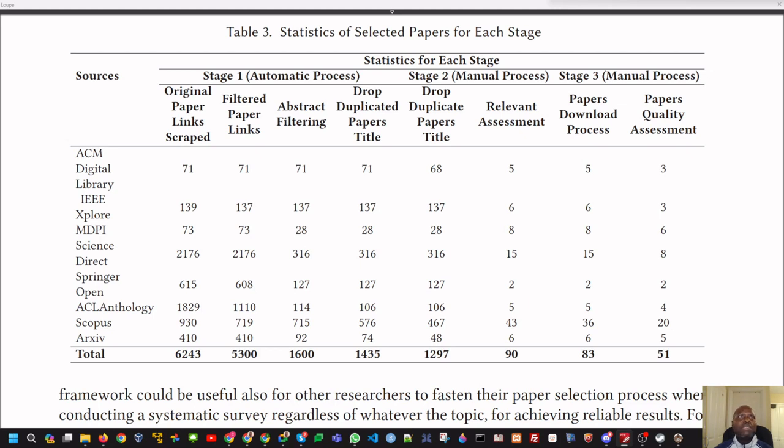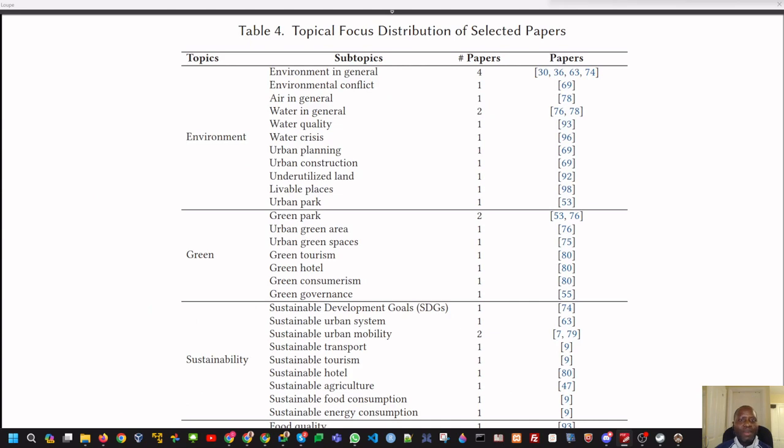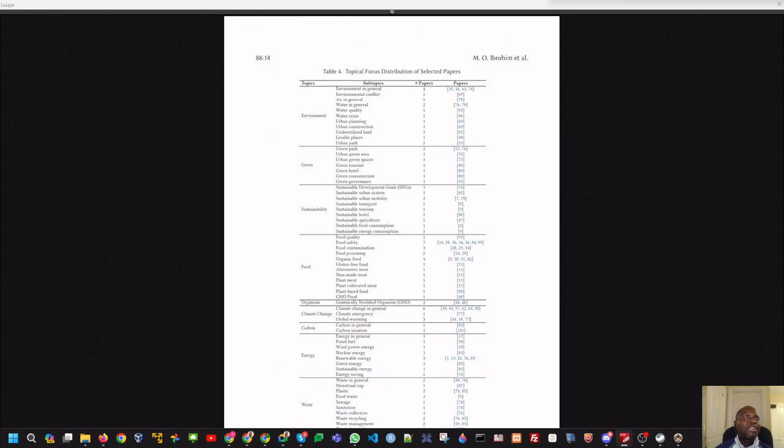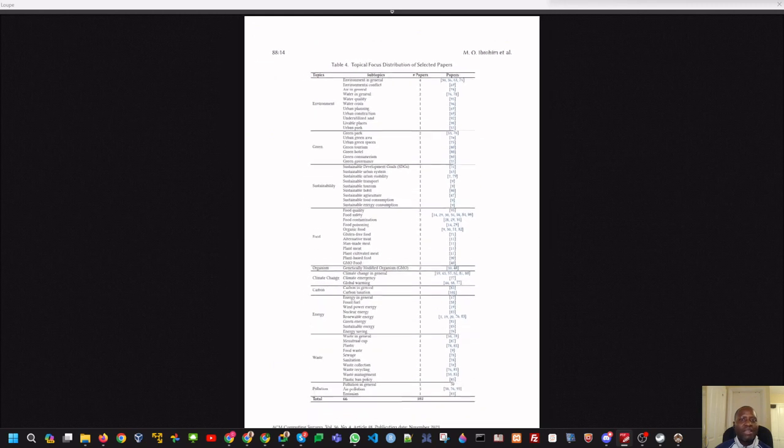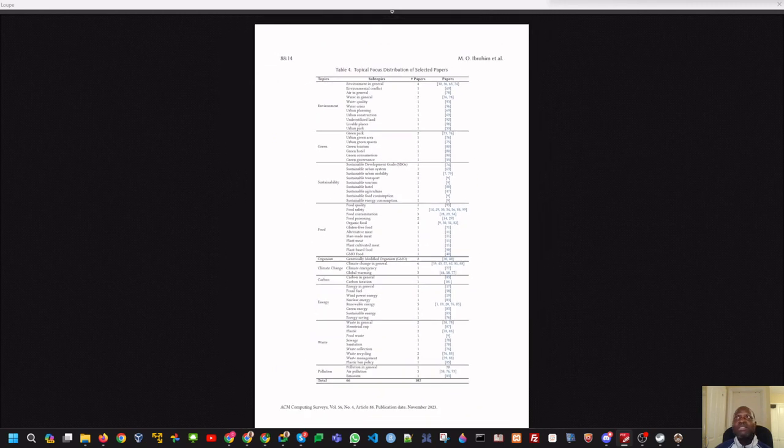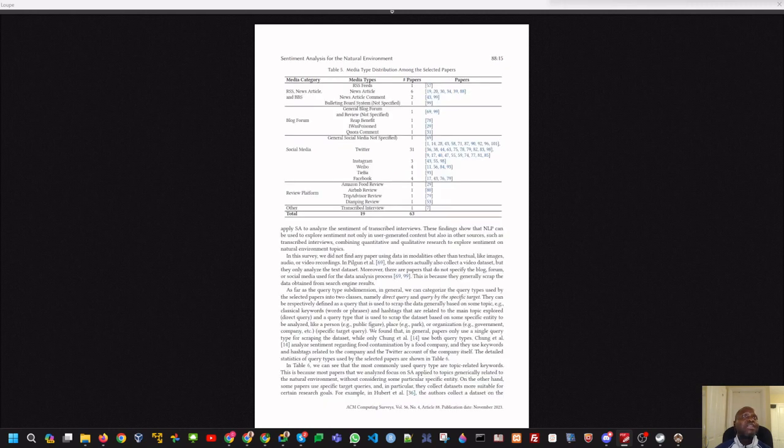Right. They did a comprehensive review of all those papers, and they come up with some results that you can see here. They come up with a table of all their dimensions. This is the table of all their dimensions, and it goes even up to the next table.